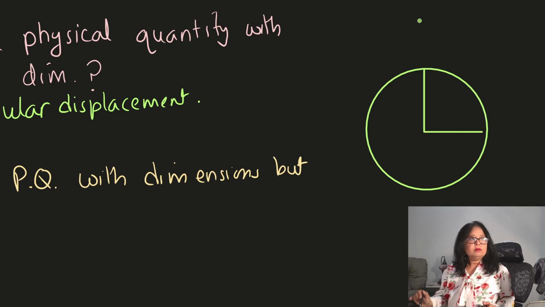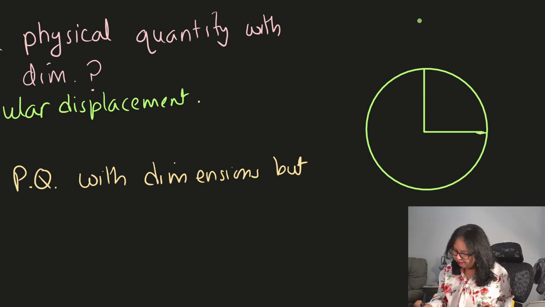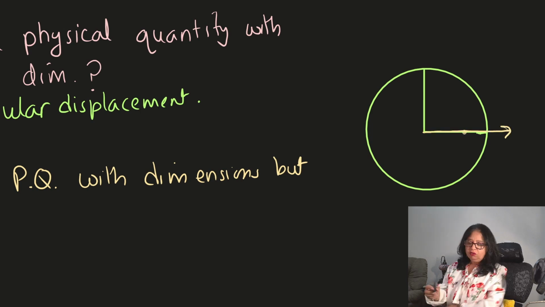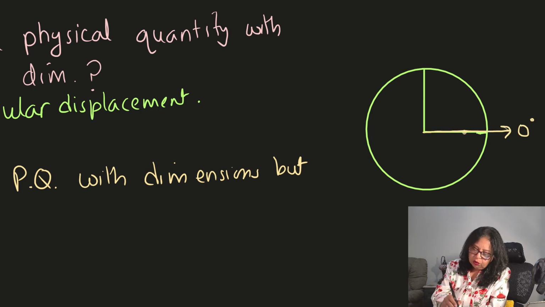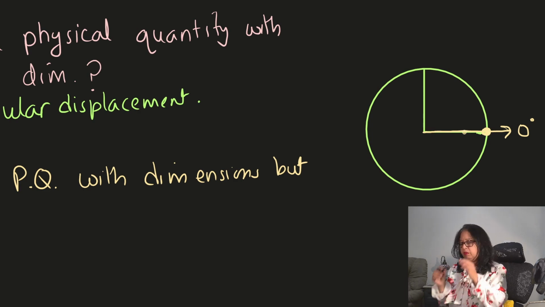You do know that we start measuring angle with respect to 0 degrees along the positive x-axis. So let's say you have a ball or any object connected to a string.